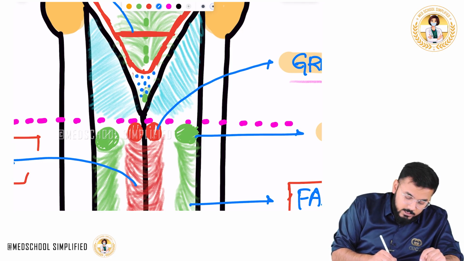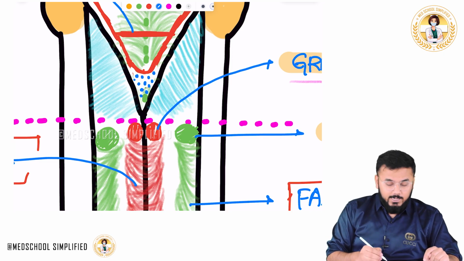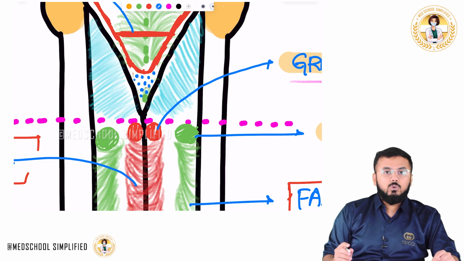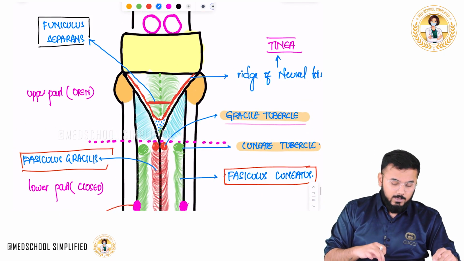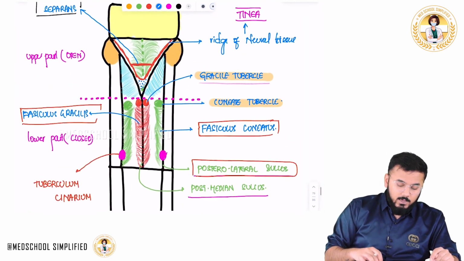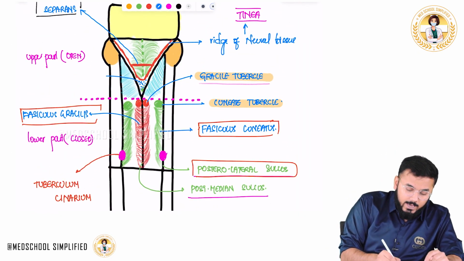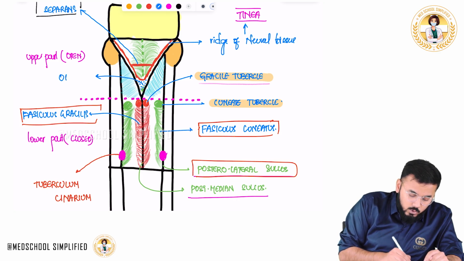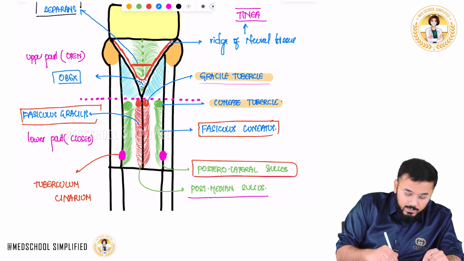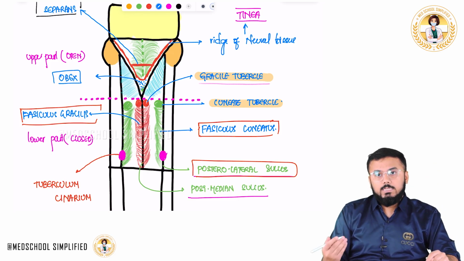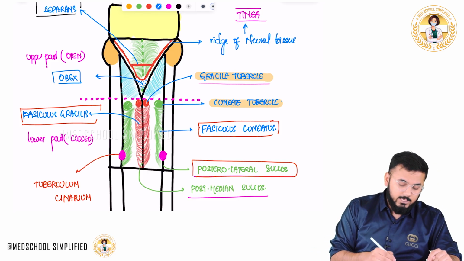These blue dots are located within this conical projection, and this entire area is called obex. So this triangular conical projection is called tinea, and beneath the tinea, this area is called obex.